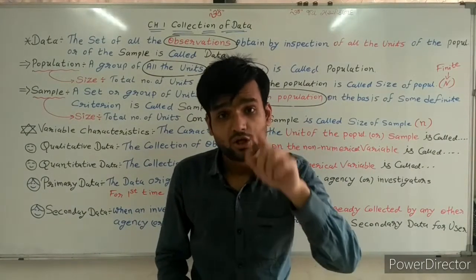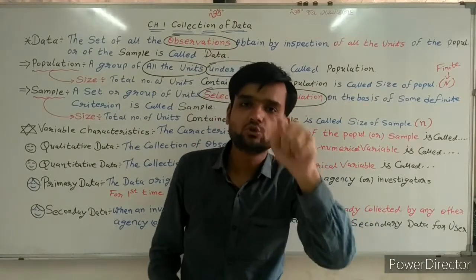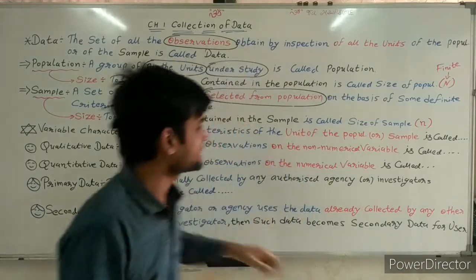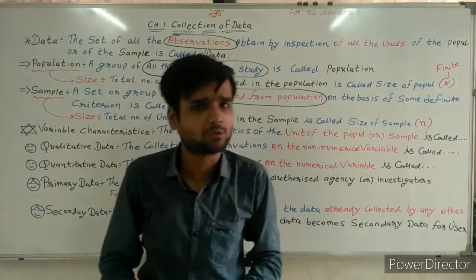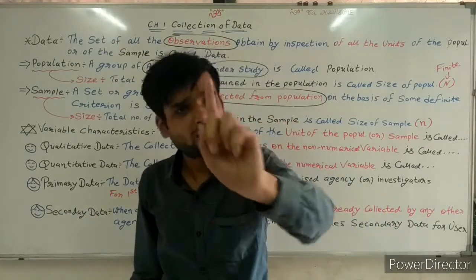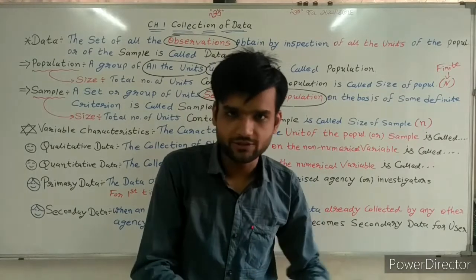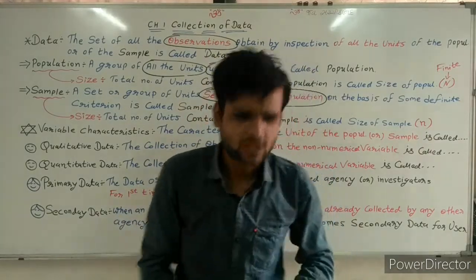Again, I am repeating: you are selecting those 2 subjects which you are studying from Kamal sir. That is the criterion on which you are selecting those subjects. Because today there is one homework. It is not compulsory to submit, but one work you need to do: collection of data.